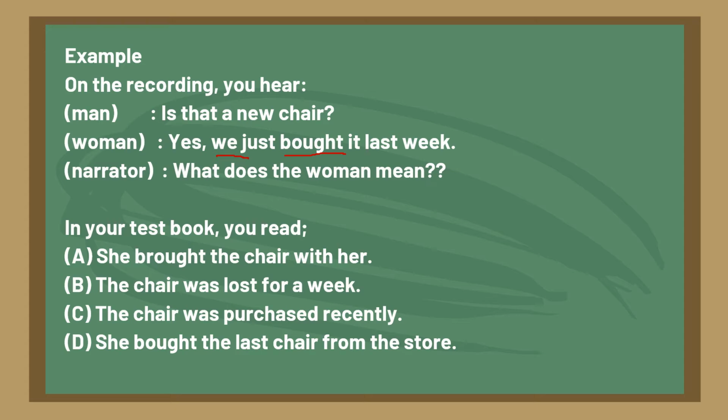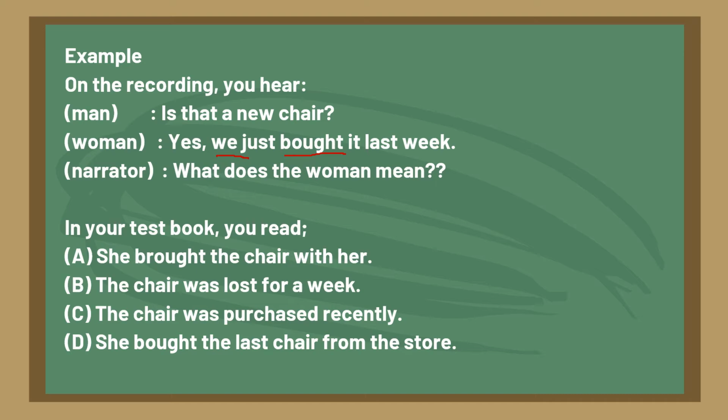Okay, we go to C. The chair was purchased recently. Yes, it's correct. The form is passive voice and the statement refers to the questions, especially the second line. How about D? Automatically, it's wrong. Okay?